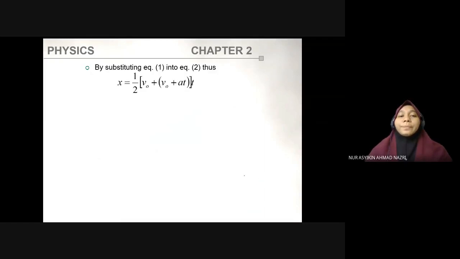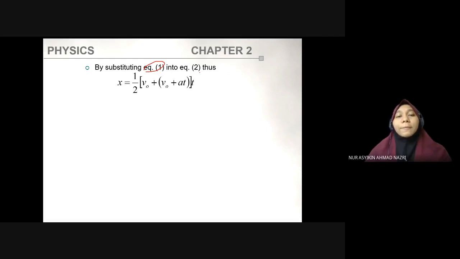From the two equations that we have just now, we use them to derive the other equation. Now we need to substitute equation 1. Still remember, equation 1 is V equals V naught plus AT.